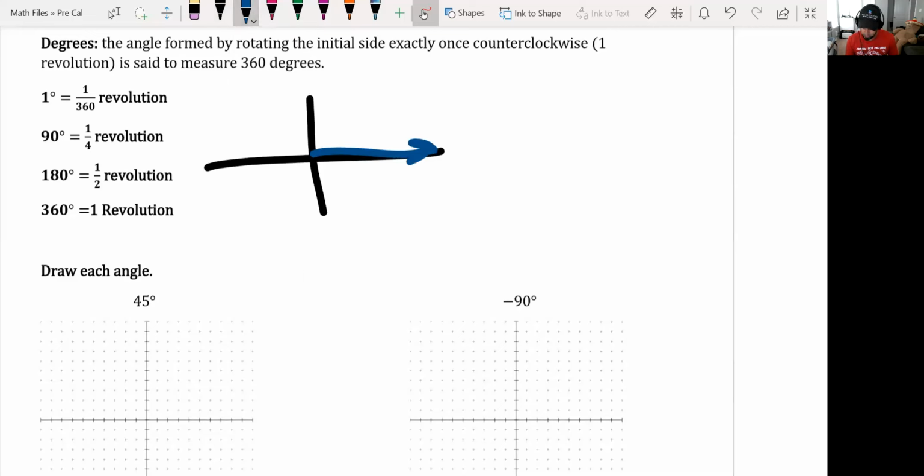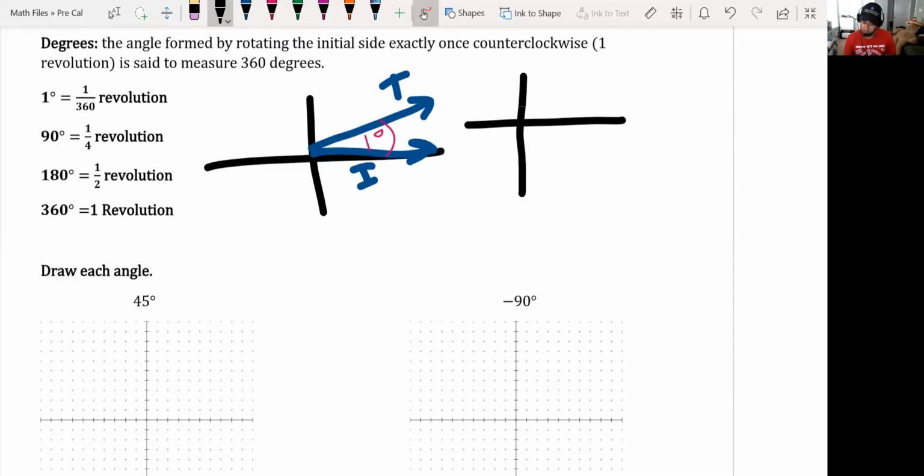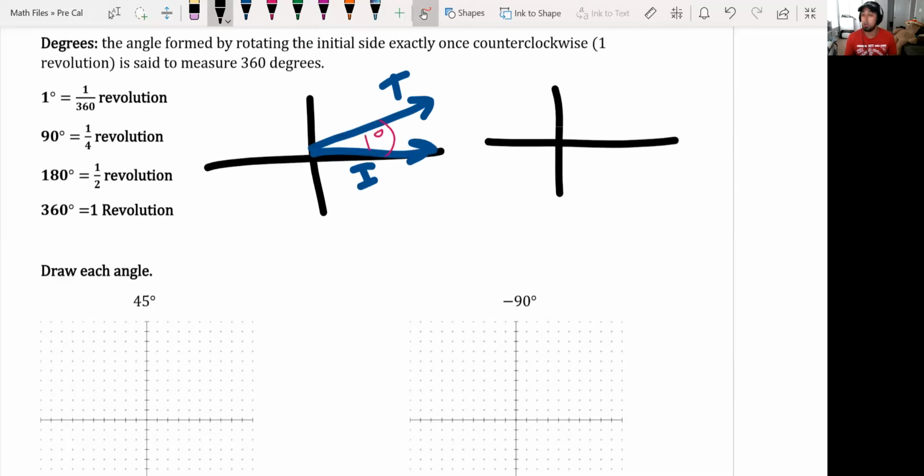There would be your initial, and then there'd be your terminal, and there'd be your 1 degree. 90 degrees, once again, your initial, and if you rotate 90 degrees, there's your terminal side, which makes it a 90-degree angle, which is a quarter of a revolution.